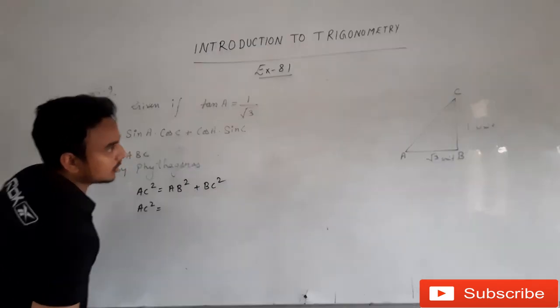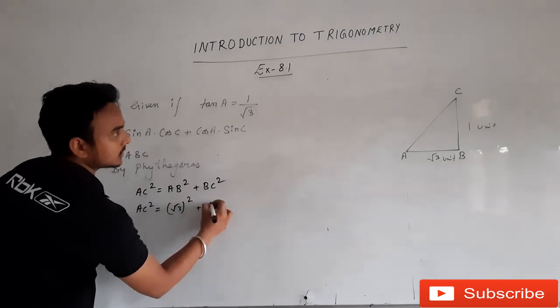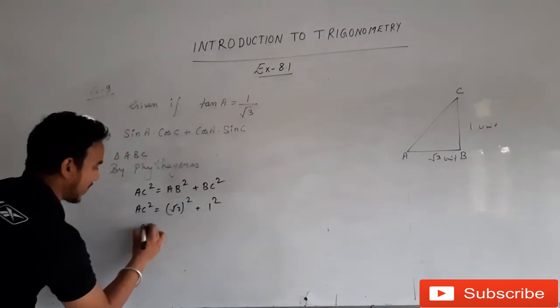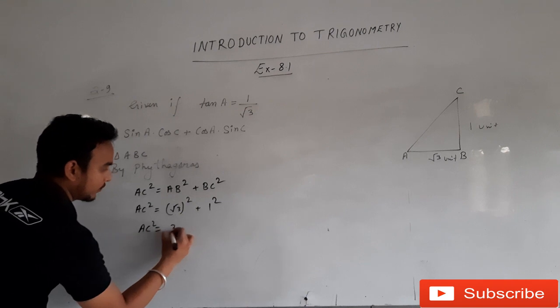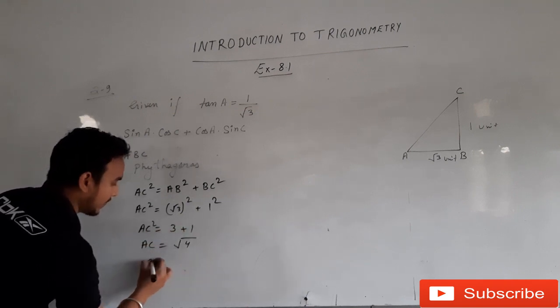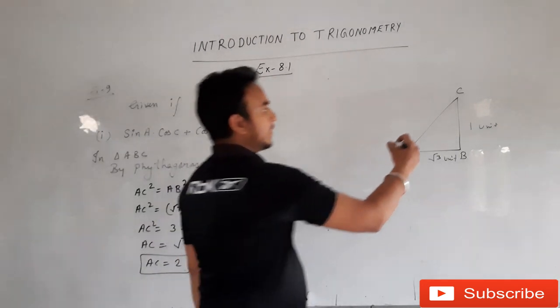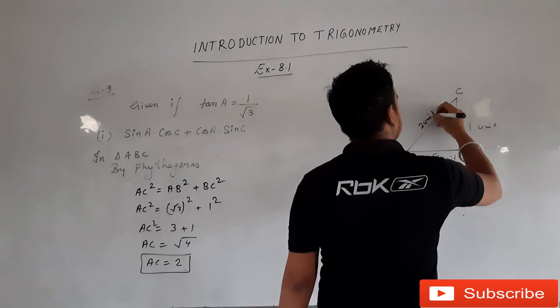AC square is equal to under root 3 whole square plus 1 whole square. It will be 3 plus 1. It means AC is equal to under root 4. AC is equal to 2 units.